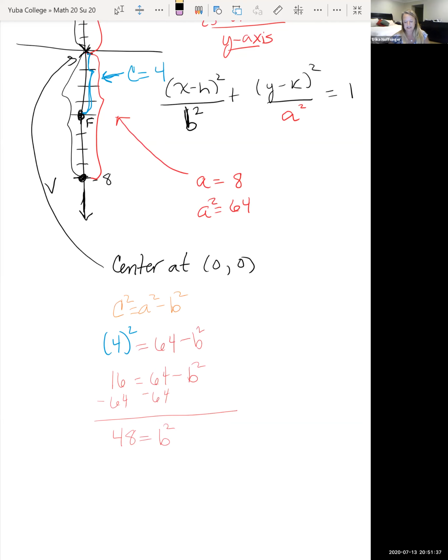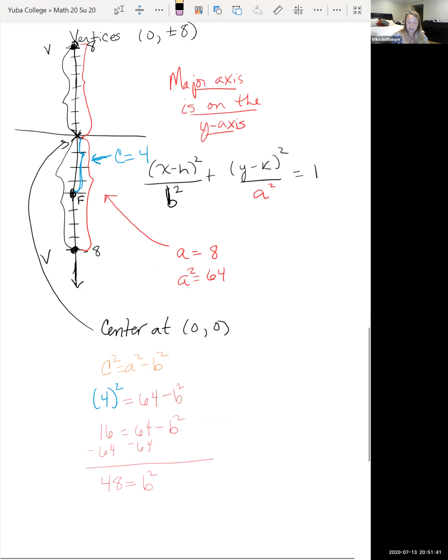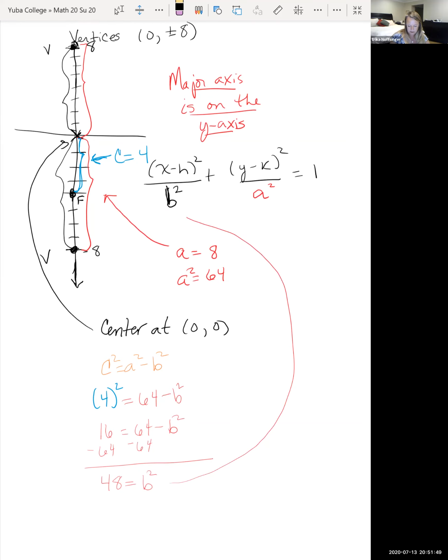I technically don't care what B is offhand. Actually, I would if they told me to graph it, which part of the problem did. But for now, for finding the equation, it wants B squared, not B. So we know what B squared is, we know what A squared is, we know what our HK is, and so we now know what the equation of this ellipse is.